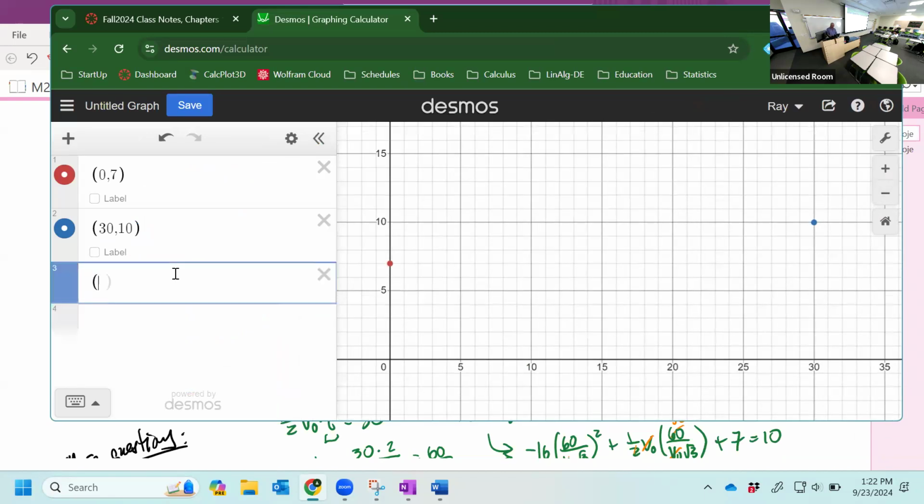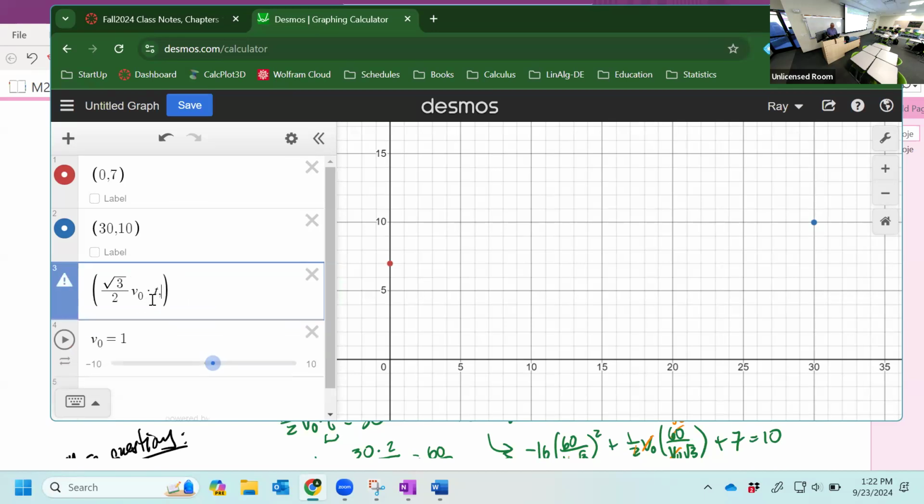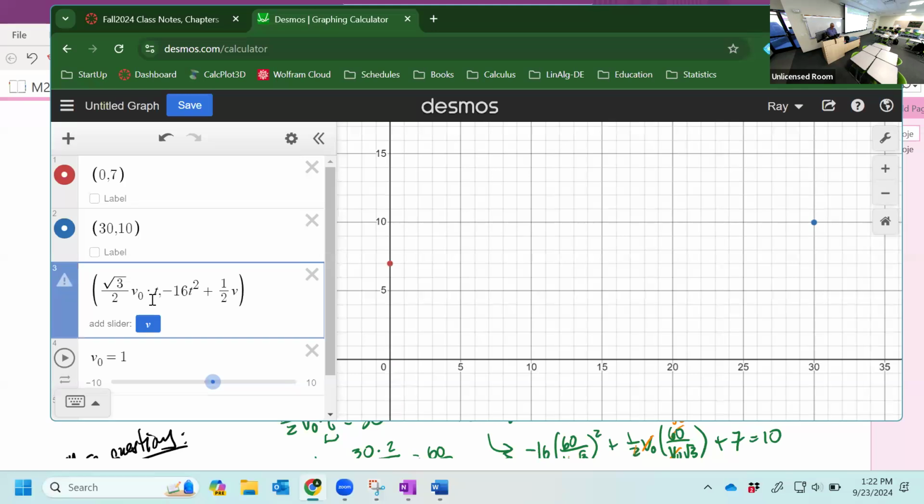The function itself, if I remember, was root 3 over 2 times v naught, comma, wait, this is the position, so I need to multiply by t times t, comma, negative 16 t squared plus 1/2 v naught plus 7.